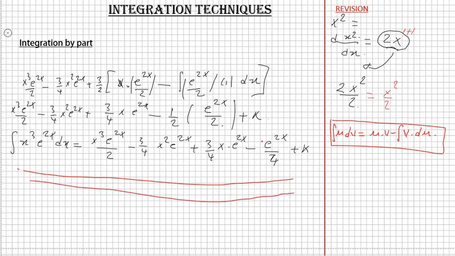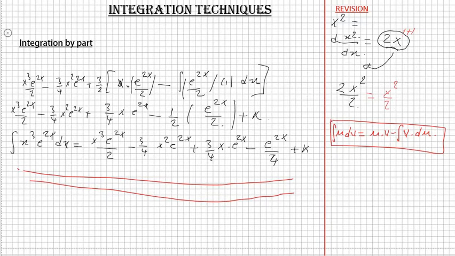So you need to arrange your u and your v in such a way that anytime you are doing the integration step, one function is getting reduced.